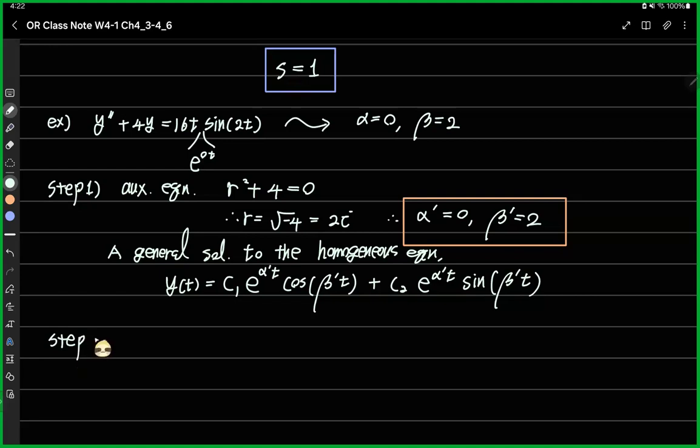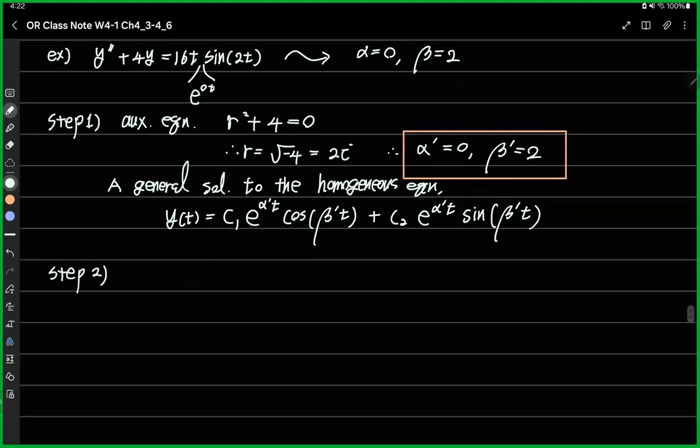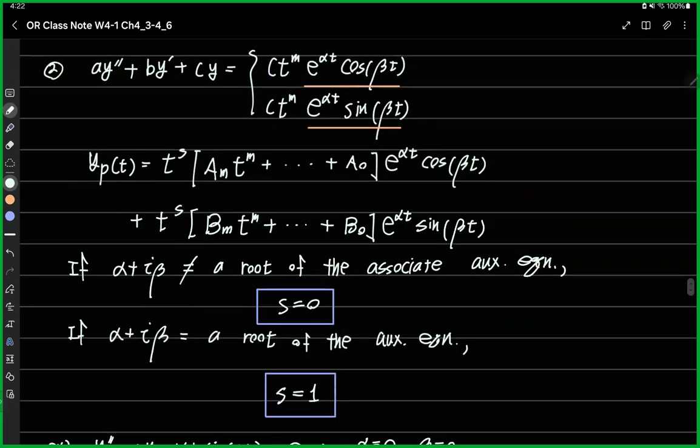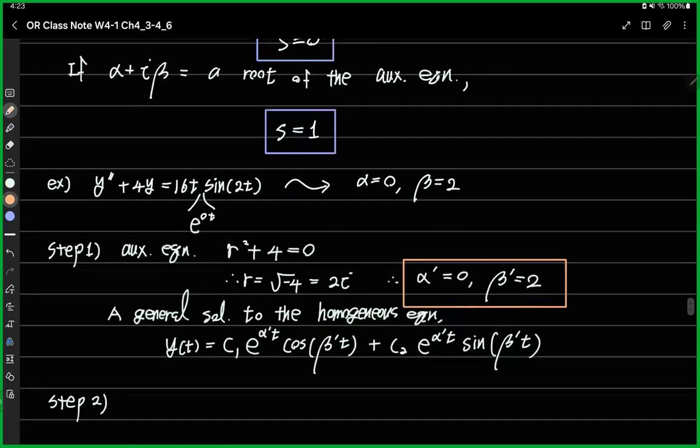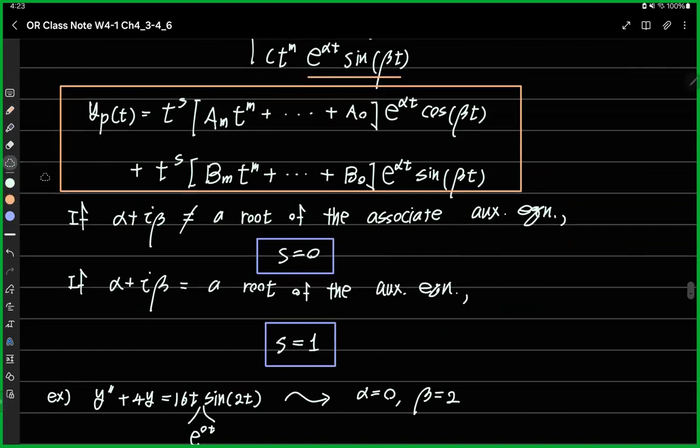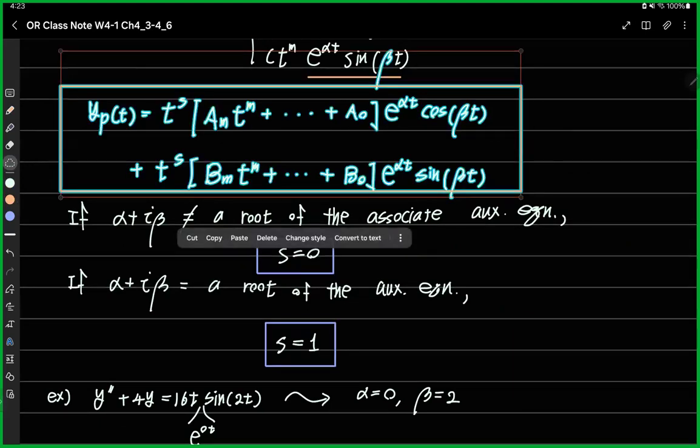In step 2, we write the form of the solution to the non-homogeneous equation based on the method of undetermined coefficients, which is this one. Let me copy it here.